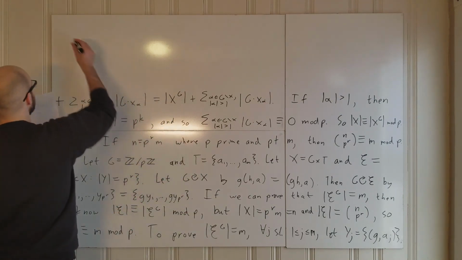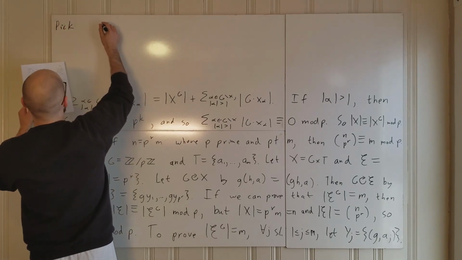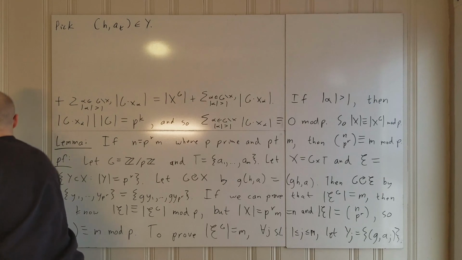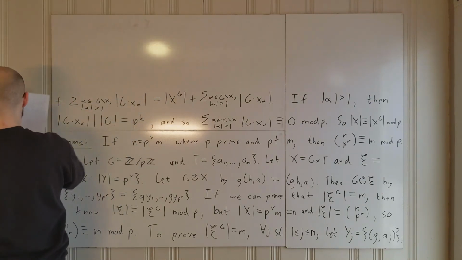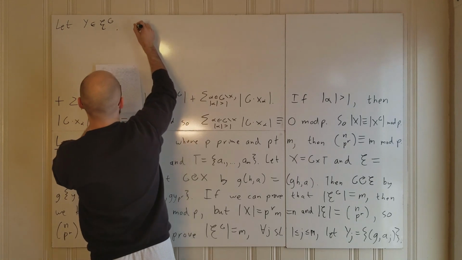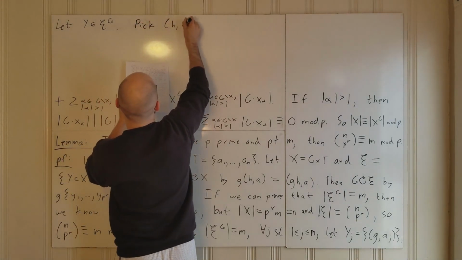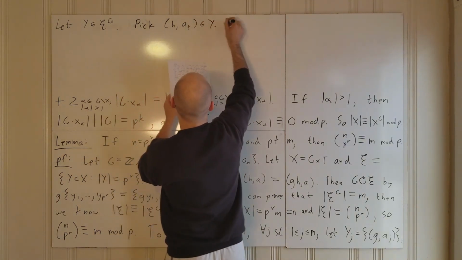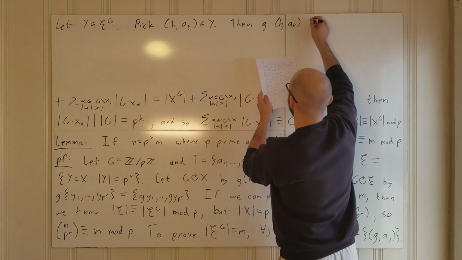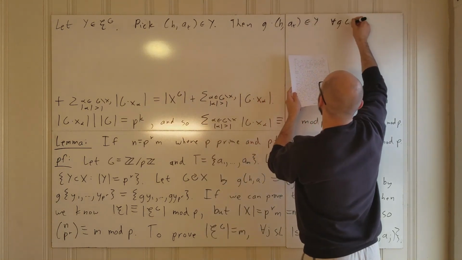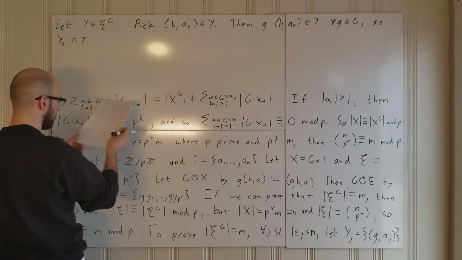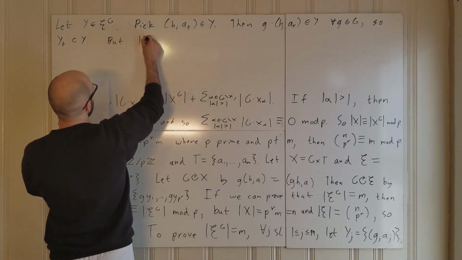Okay, so let's pick some element in Y. Well, actually, first we should choose a Y. So let Y be in script E^G, and then pick some element (h, a_t) in Y. Then if we apply any element g to this, it's also going to be in Y. And so what that tells us is that Y_t is contained in Y. But look at Y_t.